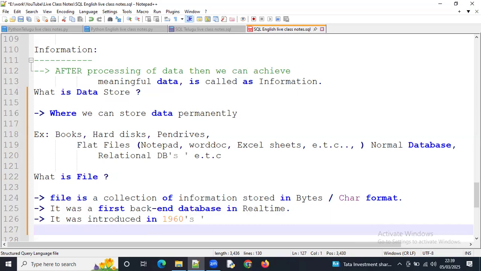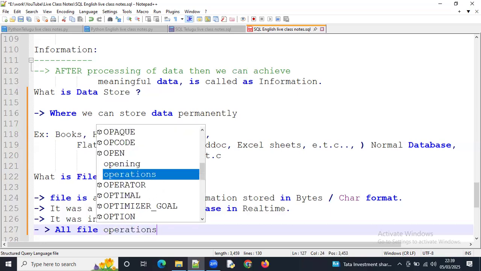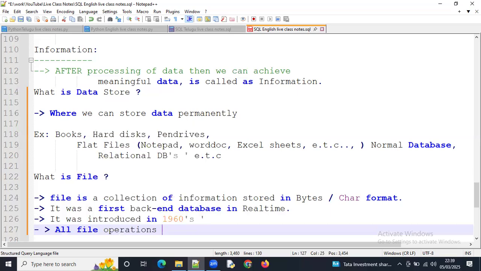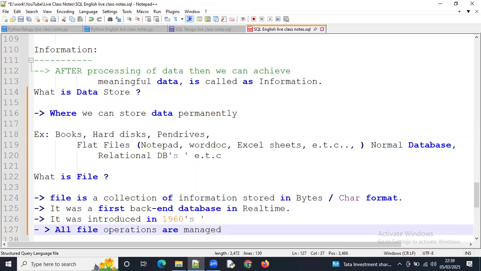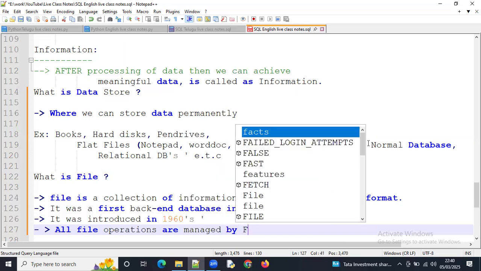The file system manages the files. So all file operations are managed by the file system.